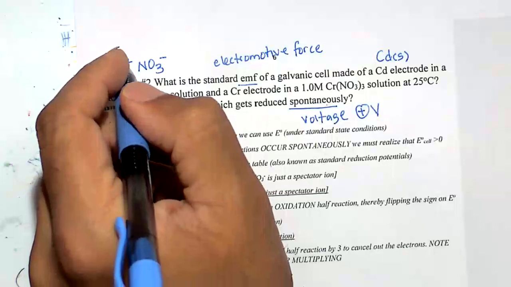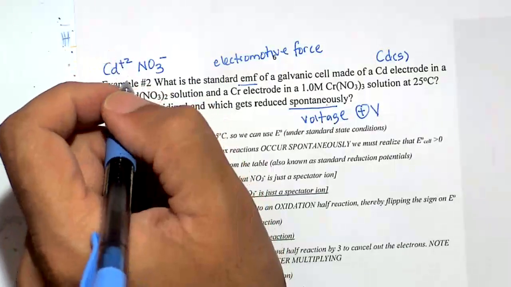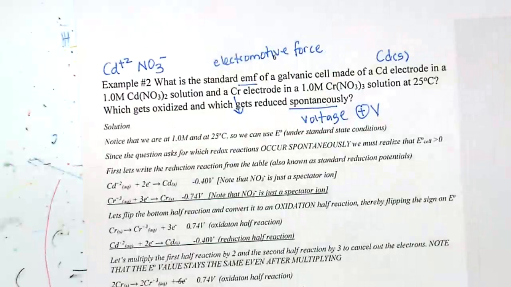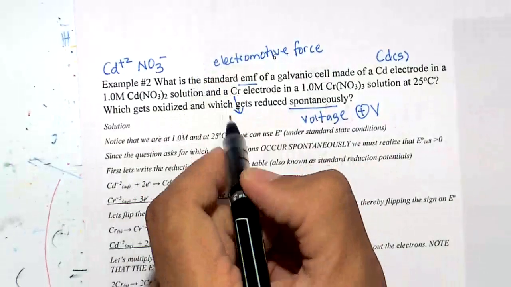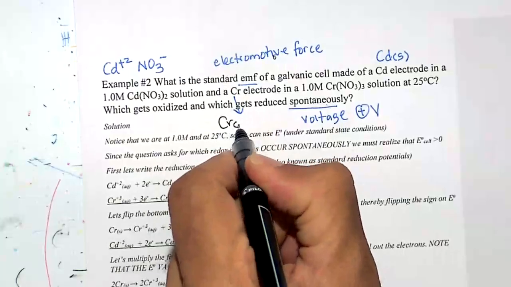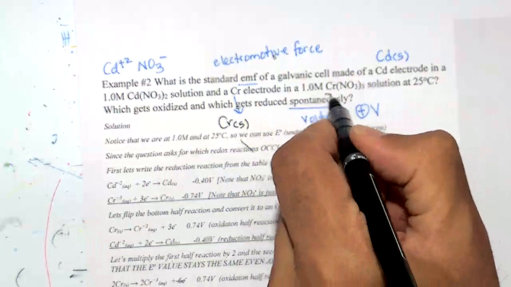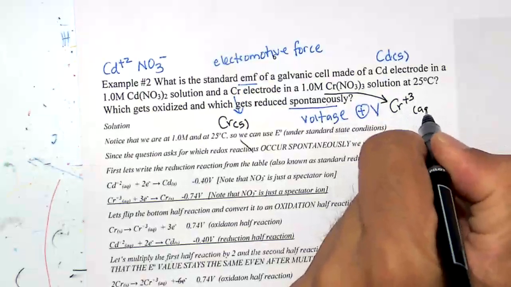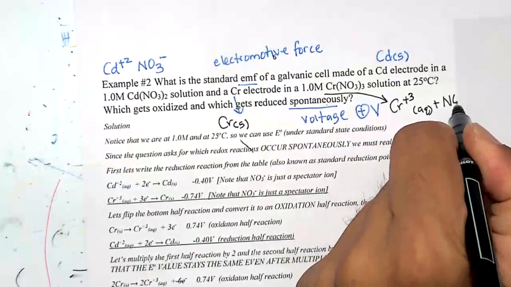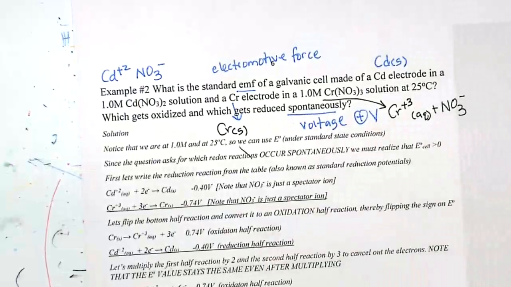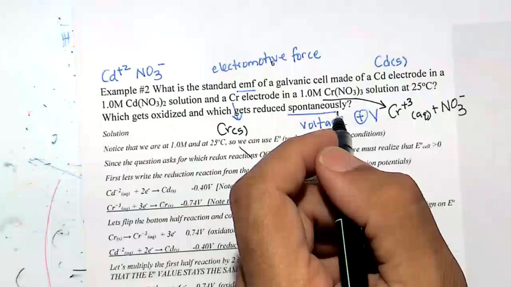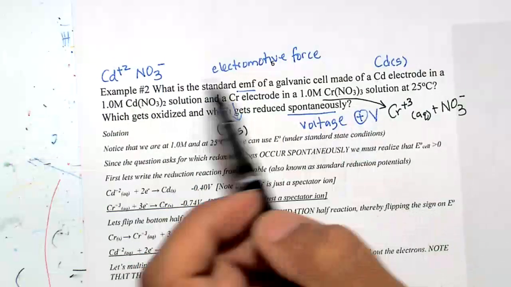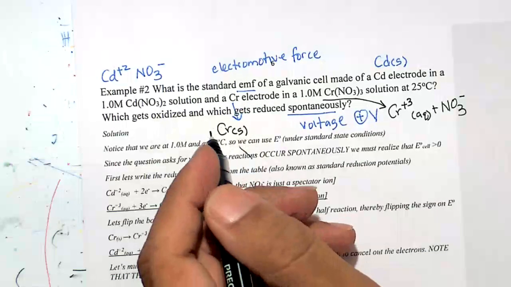We have a chromium electrode, which is chromium solid. And then chromium nitrate is going to be chromium ion and nitrate ion. Nitrates are all dissolved in water. So spontaneously means positive voltage.